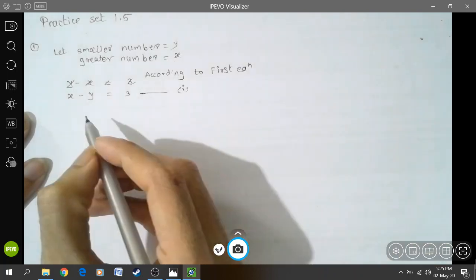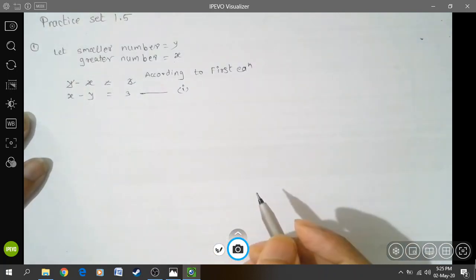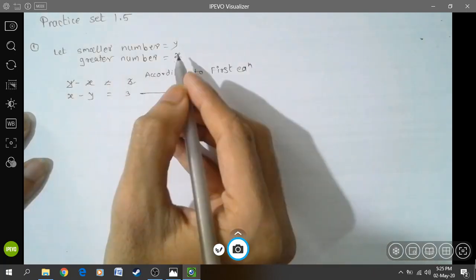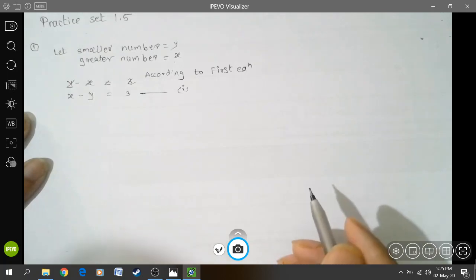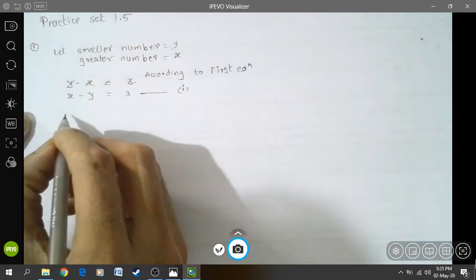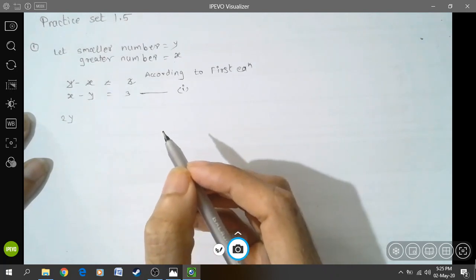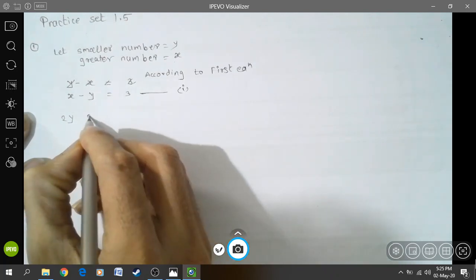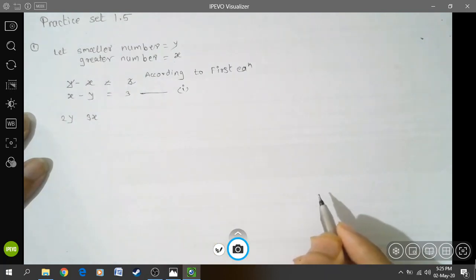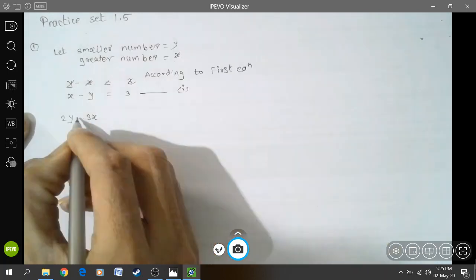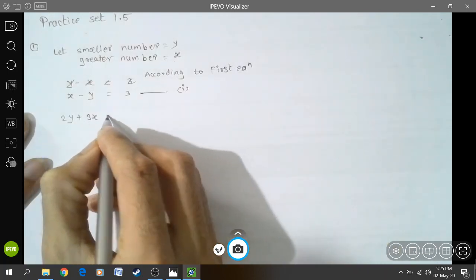Then our second equation: the condition is the sum of twice the smaller number. What is our smaller number? It is y. So we will write 2y, twice the smaller number, and thrice the greater number, which is x. And what is the sum?